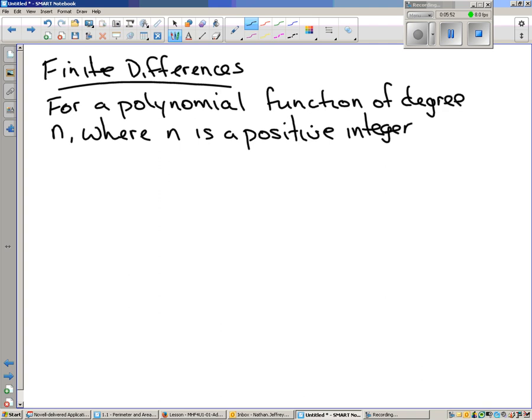We're not dealing with negative numbers. We're not dealing with decimals. So where n is a nice positive number, there's a few characteristics about the nth difference.